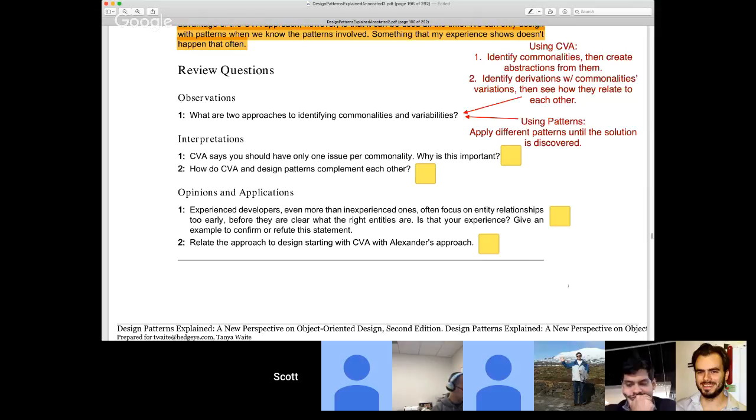I'm going to try pattern 1, pattern 2, pattern 3, pattern 4, and see which one fits the problem. Mm-hmm.